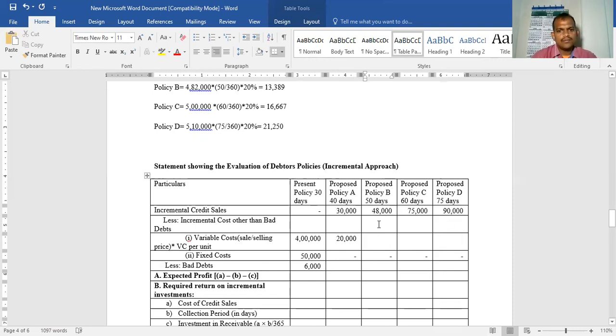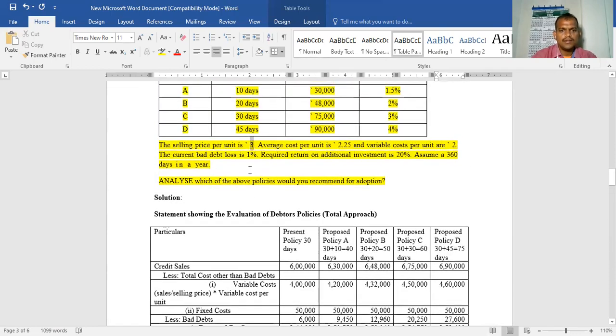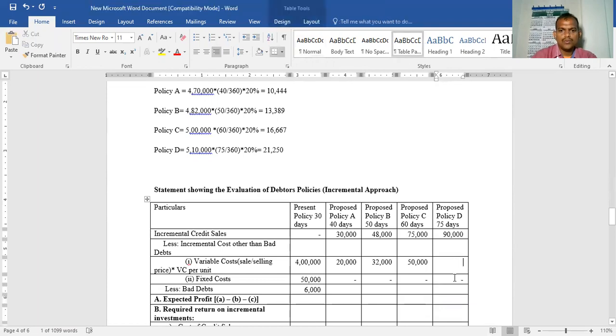Here 48,000 by 3 into 2 is 32,000. 75,000 divided by 3 into 2 is 50,000. 90,000 by 3, where 3 is the selling price, into 2 is 60,000. So there is no fixed cost.